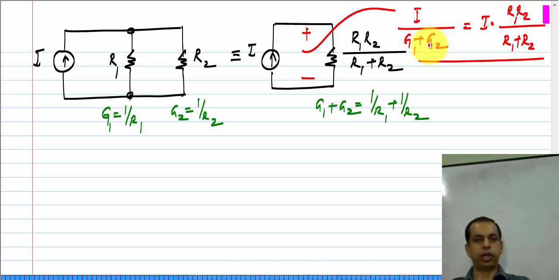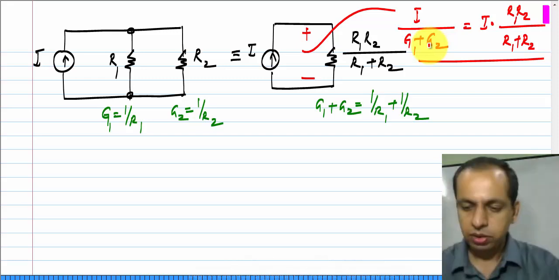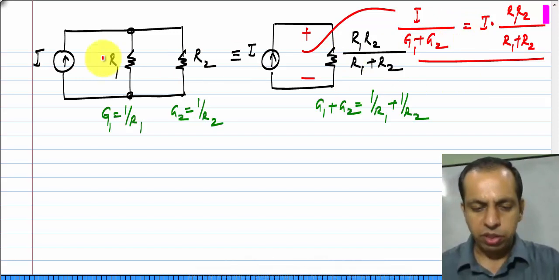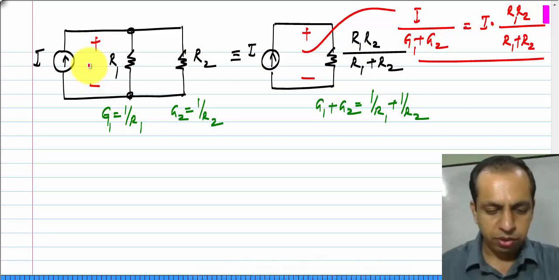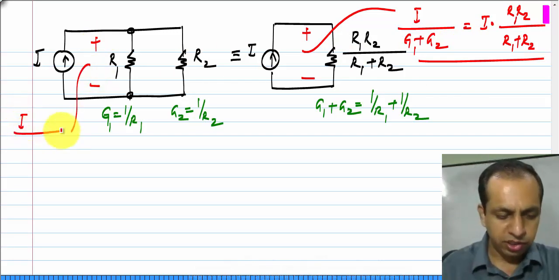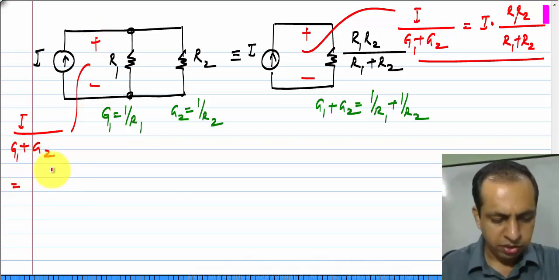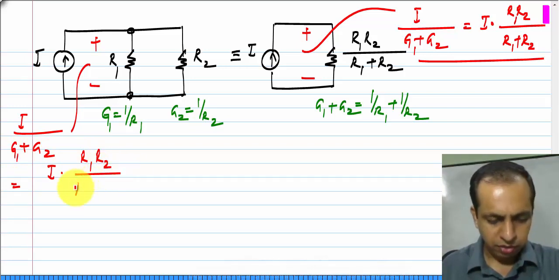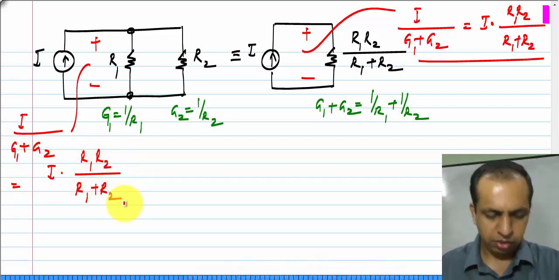You should get used to using both of them. Sometimes some of the expressions look simpler with conductances than with resistances. So, that is the motivation for using them. Obviously, the same voltage appears here in the original circuit. The voltage here is I divided by G1 plus G2, which is I times R1 R2 by R1 plus R2.